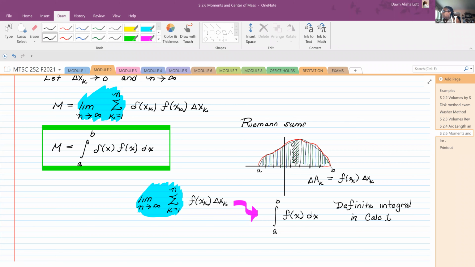So the limit as n approaches infinity of the sum of k equals 1 to n of whatever comes next is the integral of that thing. And delta xk becomes your differential, and then f of xk becomes your function.